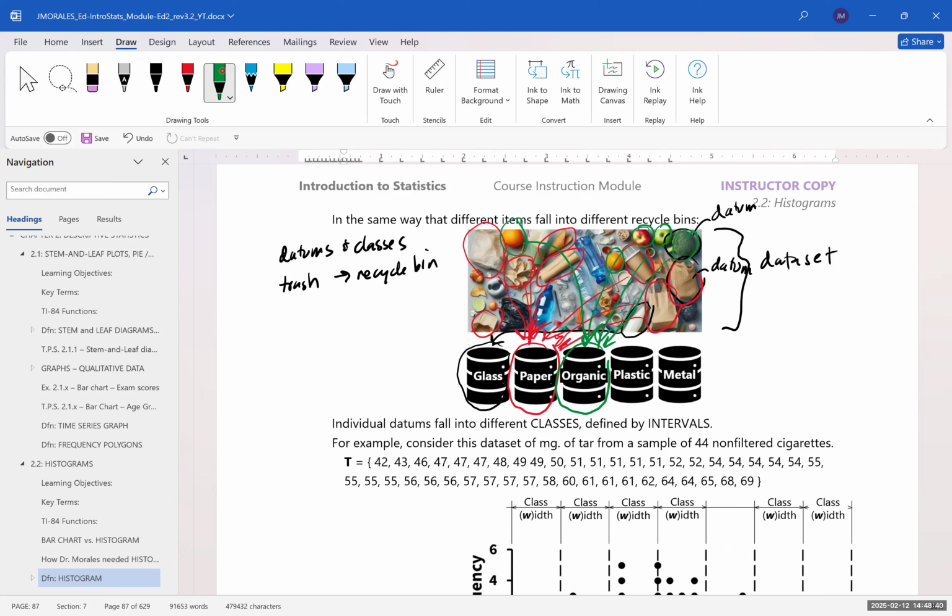Okay, well, the same is true for histograms, except instead of having recycle bins, we have classes. So this would be class 1, class 2, class 3, class 4, class 5. And what defines each of these classes is whatever interval is around it.